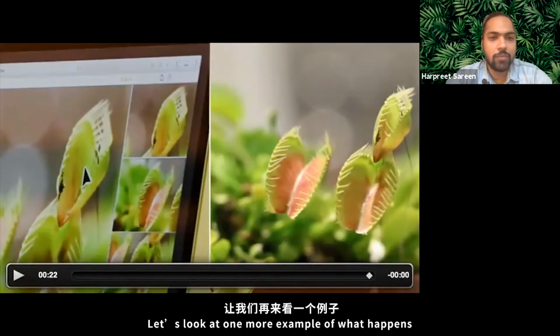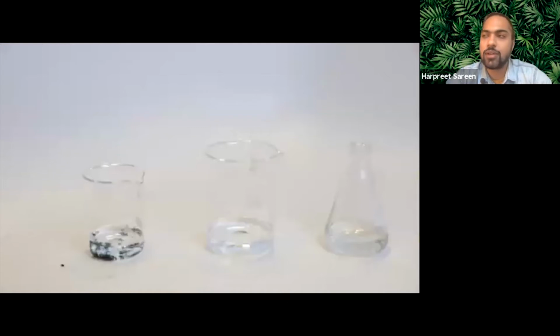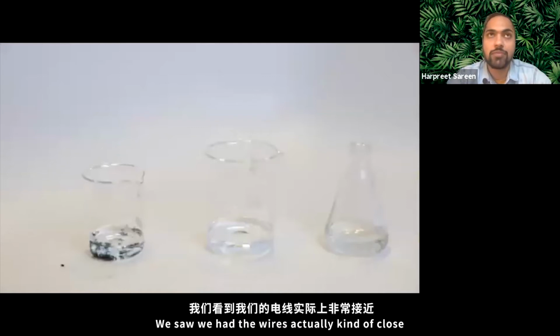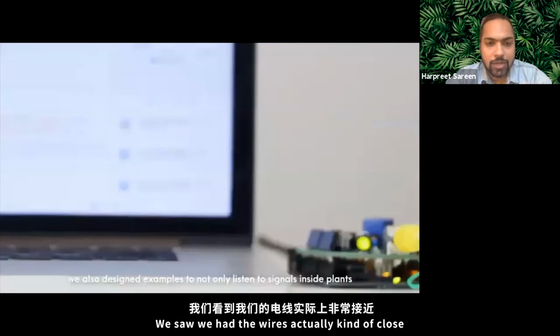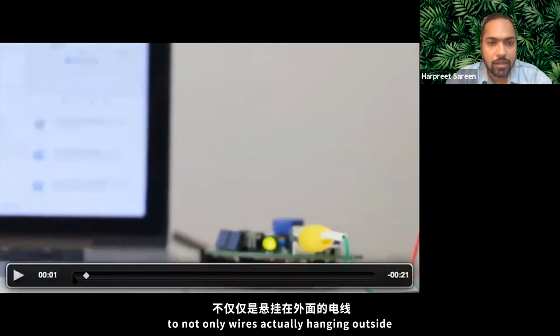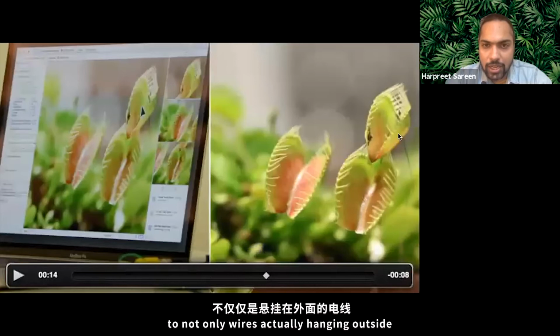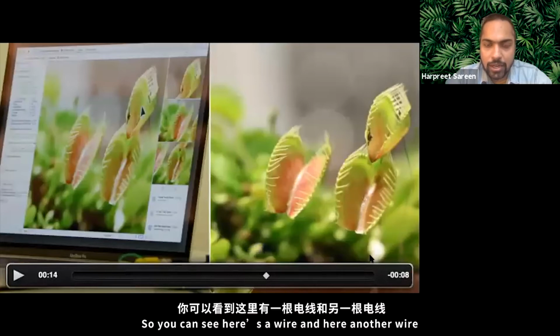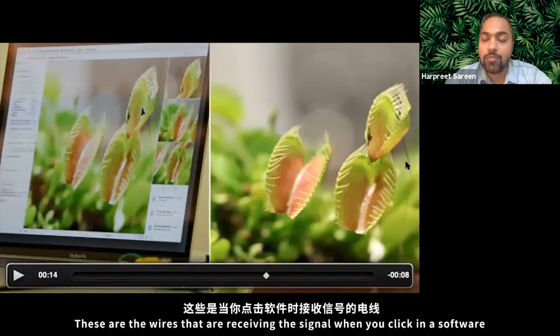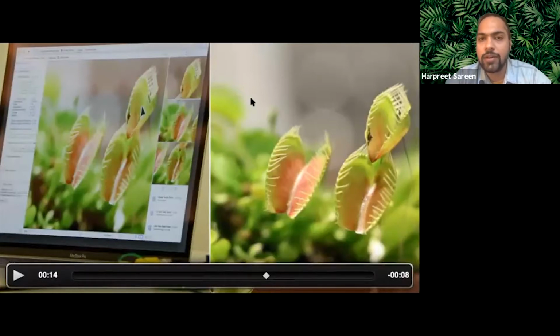Let's look at one more example. In the previous case, we had wires hanging outside. You can see here's a wire and here's a wire. These are the wires that are receiving the signal when you click in a software.